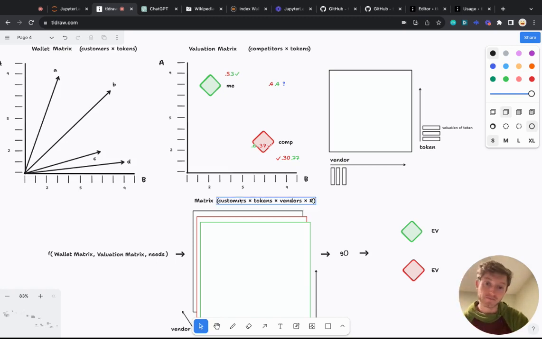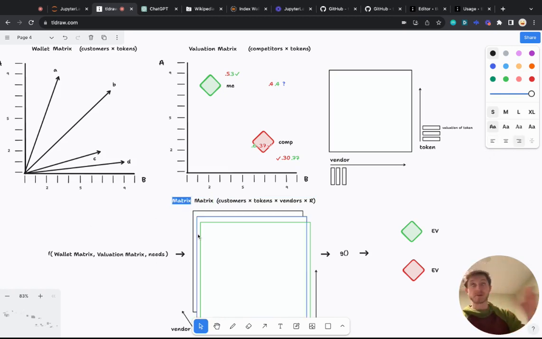No, okay. So instead of thinking about this, so far I've been thinking about what we could consider the competition matrix, and that's certainly intractable.